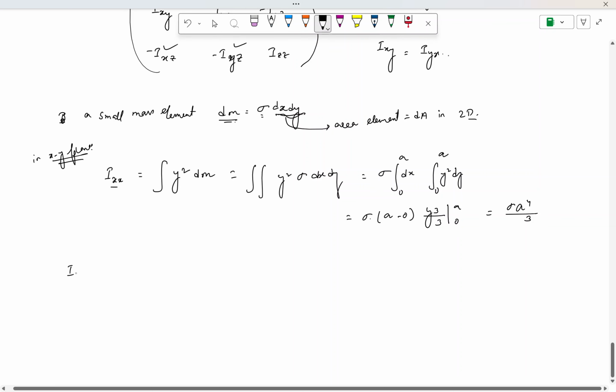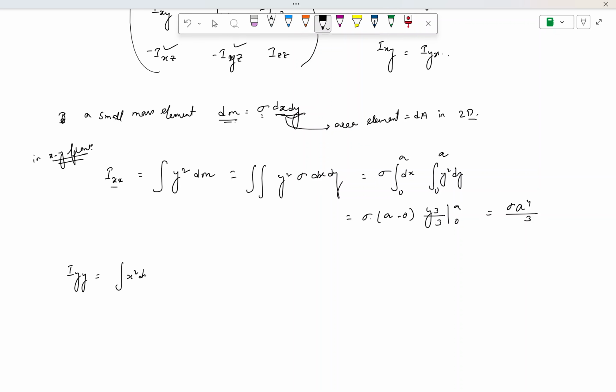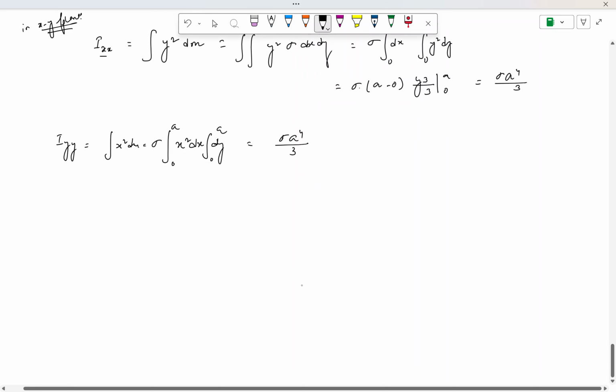Similarly, by the same logic, Iyy will be x squared dm, and it will be x squared dx, sigma dy, from 0 to a and 0 to a. And because of the symmetry of the square, it will be the same as the value calculated for Ixx. So it will also be sigma a to the power of 4 by 3.